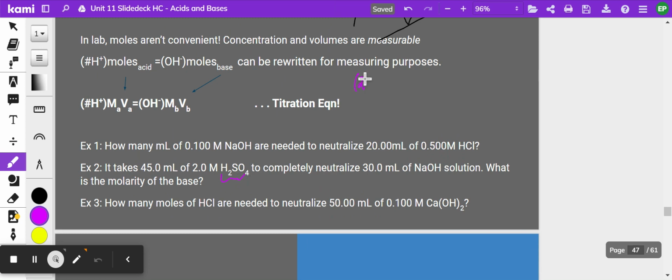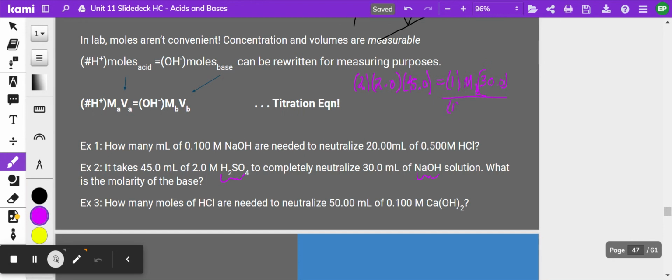All right, in this case, the acid contains 2 H pluses in the formula. We will insert 2, and now we will begin MaVa. The molarity of the acid is 2.0, multiplied by the volume 45.0. The number of hydroxides in sodium hydroxide is 1. MbVb, we will solve for the molarity of the base at neutralization by multiplying by 30.0 milliliters for the volume of the base. A little bit of algebra never hurt.